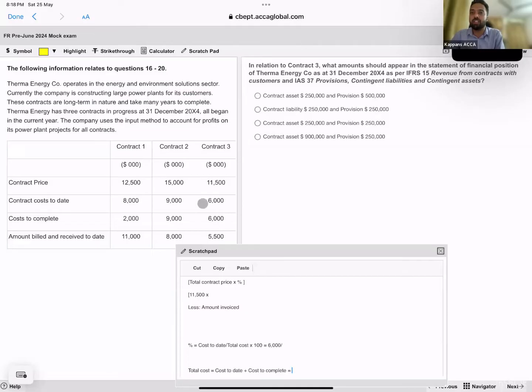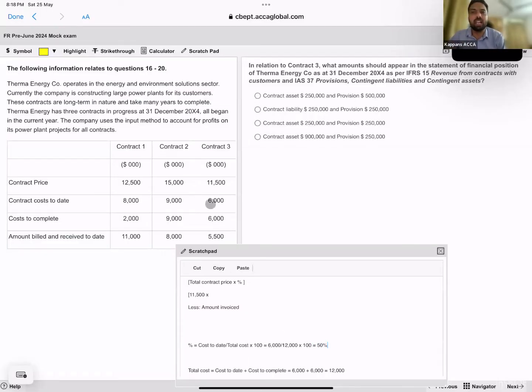Cost to date is 6,000 plus cost to complete is also given in the question, again 6,000. So total cost will be 12,000. So percentage of completion is cost to date 6,000 divided by total cost, into 100. That is 50%.